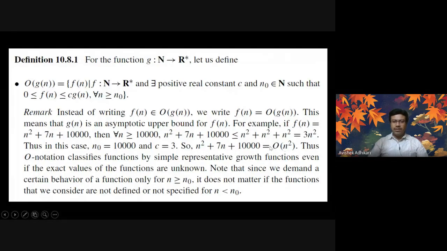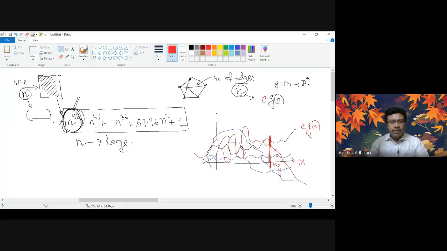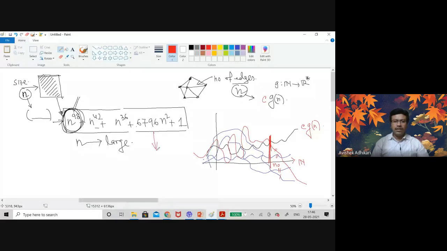This is not a perfect mathematical notation, but in complexity theory we actually deviate from the notation. It should be that this belongs to order of n square, but for the sake of simplicity we just write this equal to n square. So now if this is your function, we can write it as order of 98, right?